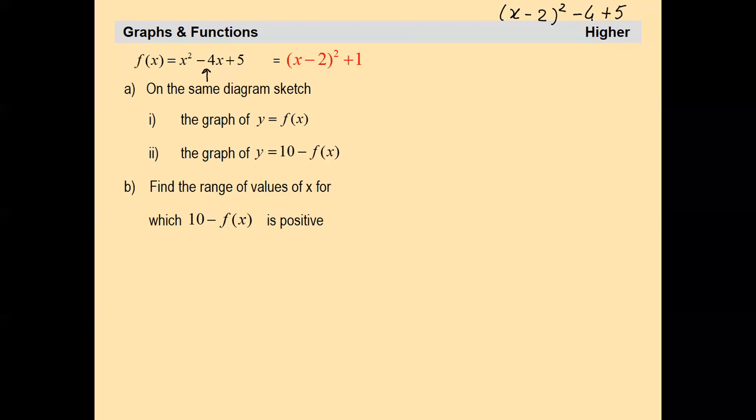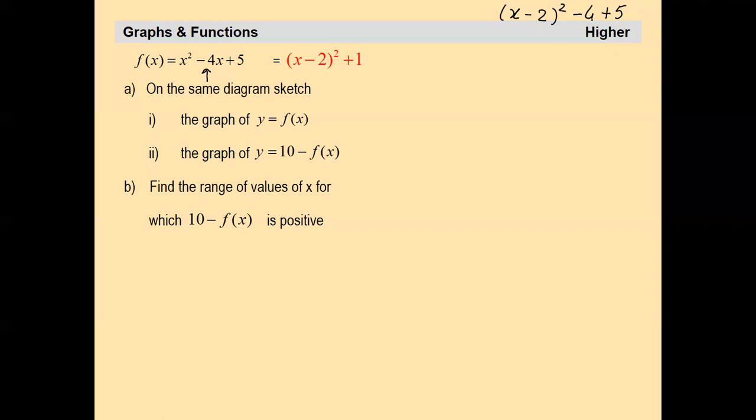Now, if I'm asked to sketch f of x, I've got what we call a turning point when x equals 2, f of x equals 1. So that's the minimum that you can get for that function, because you've got something squared plus 1. Every number that you square will always be positive, right?